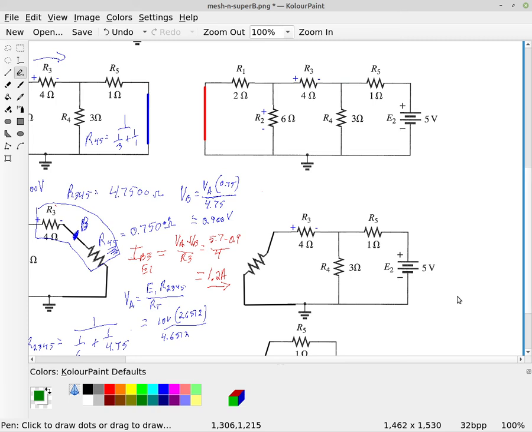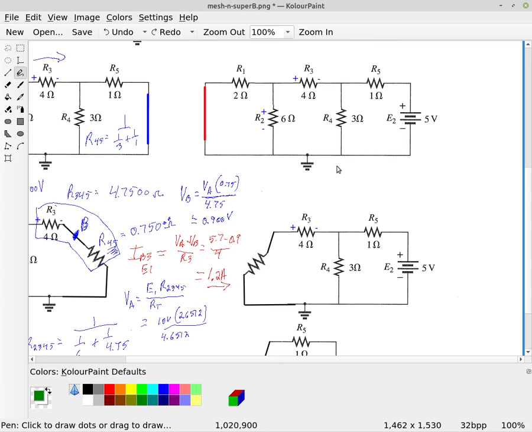All right, so now we're going to solve by looking at the 5-volt supply. So we're going to short out E1 and only consider E2.